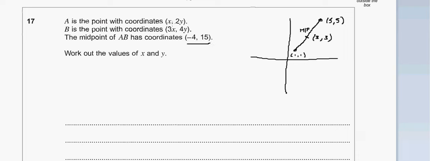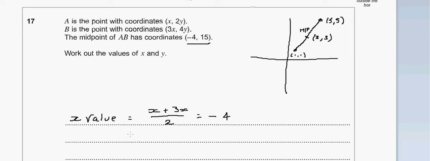So for the x's, I would write x value equals, so this would be x plus 3x, okay, so it would be that plus that. We would then divide this by 2, and that will give me minus 4.